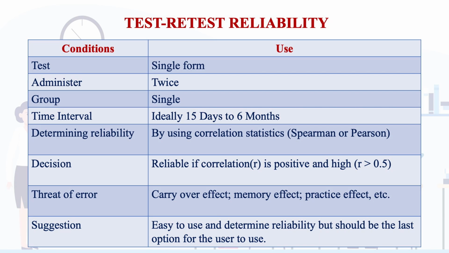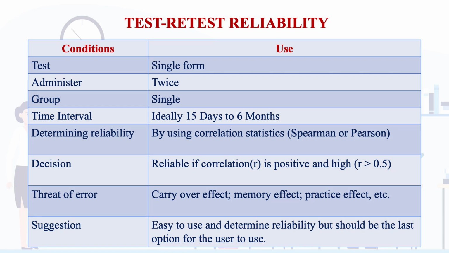Let us try to understand how to establish the reliability coefficient by using the test-retest method. First of all, in this method, only a single test will be used, and it will be administered twice.